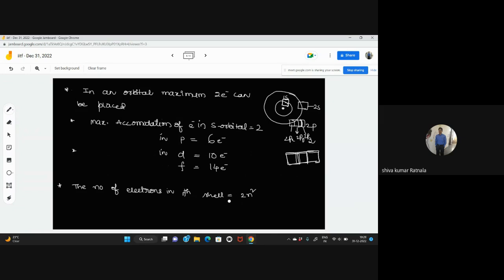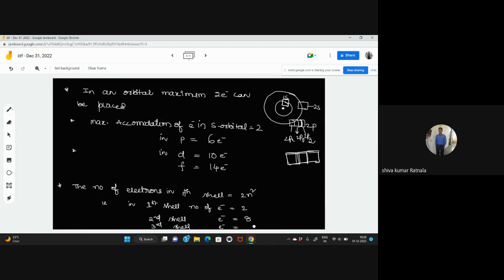That means, in the first shell how many electrons can we place? 2. In the second shell, 8 electrons. In the third shell, 18, and in the fourth, 32.